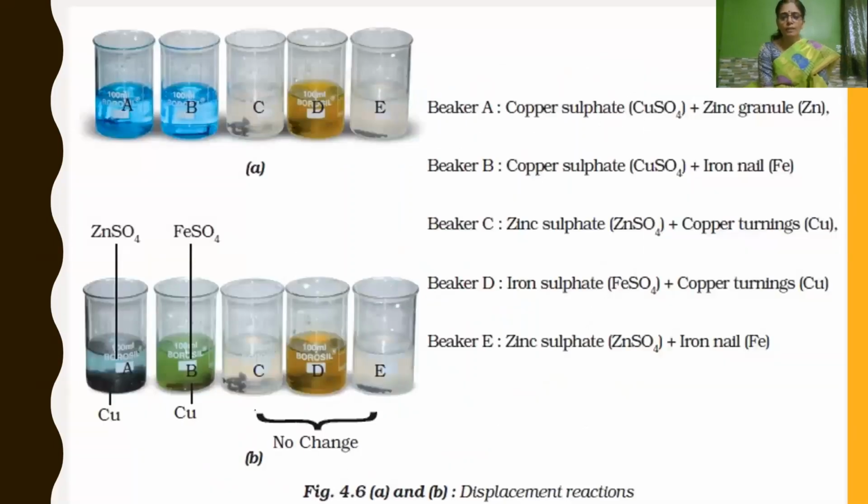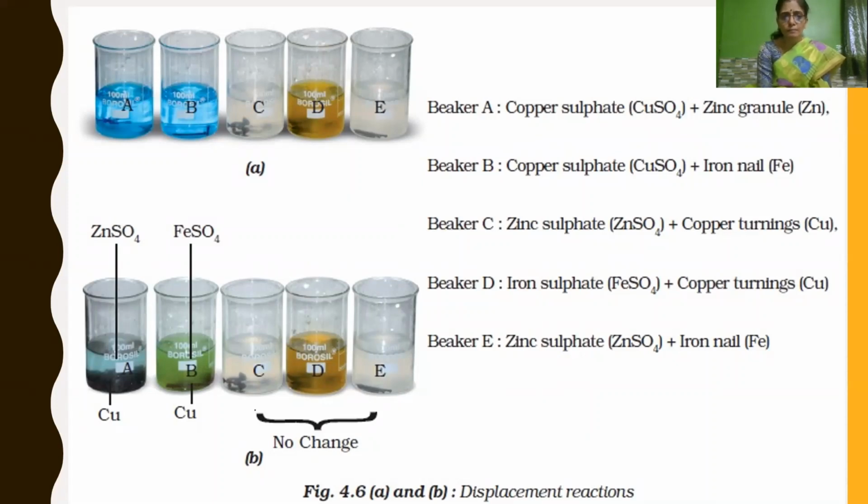And in the same way here, see, first beaker, copper sulfate plus zinc. Zinc is more reactive than copper, so it will displace copper from its compound. So zinc sulfate and copper will be formed.